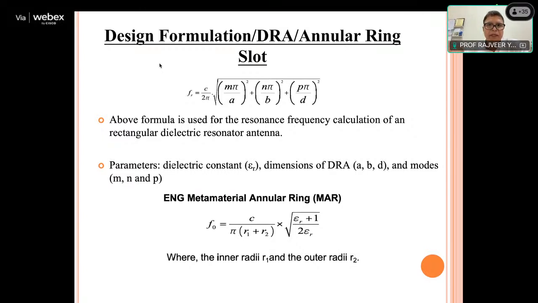A, B, D are the X, Y, Z dimensions. So M, N, P are number of half-wave variations along X, along Y, along Z. These indices will control the mode theory.